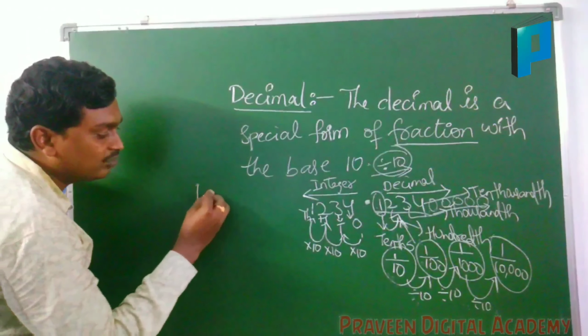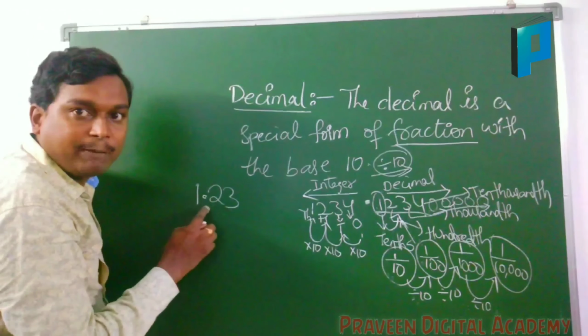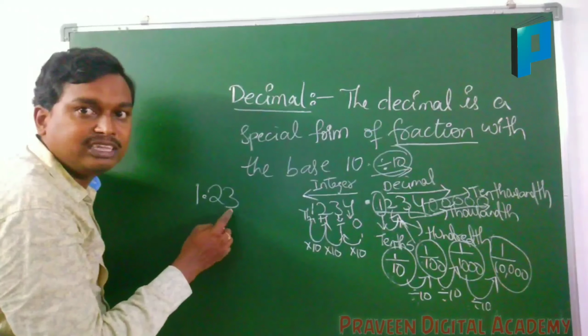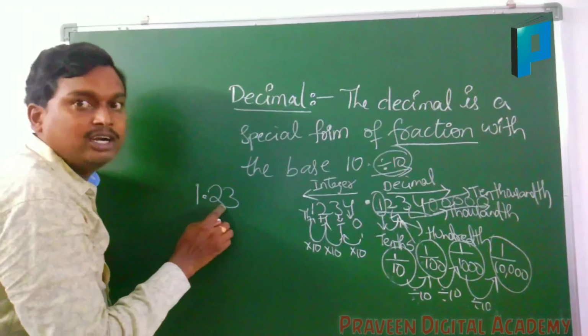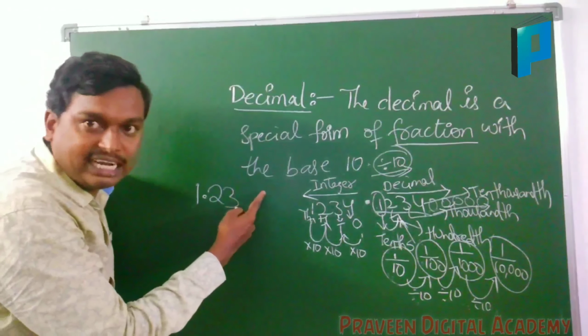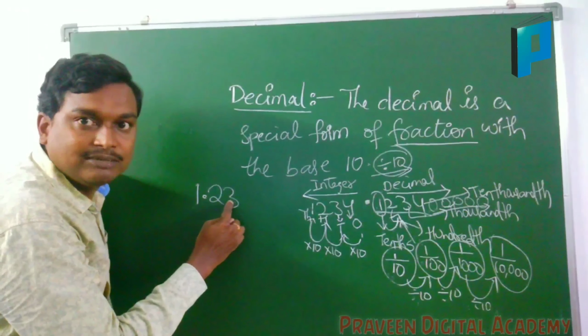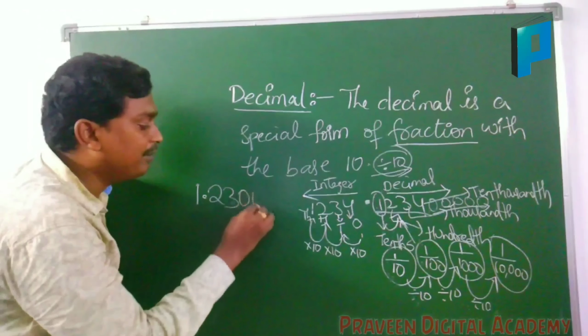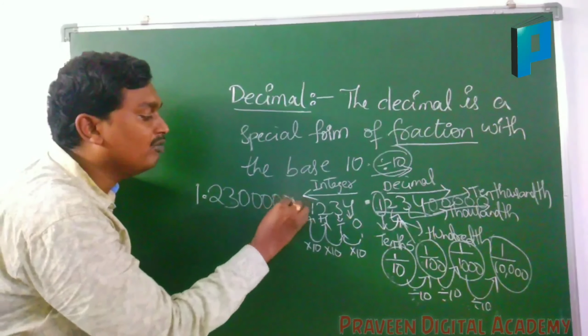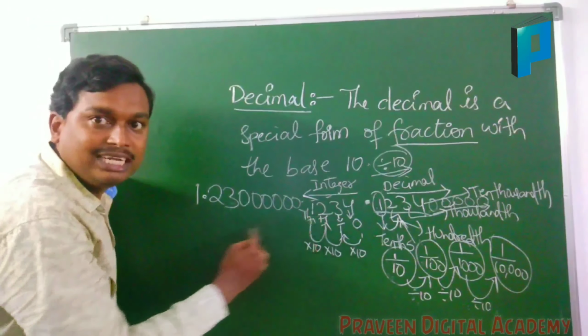If you have 1.23, don't read it as 1.203. If you read it like that, it is wrong. Here, what is the succeeding number? After this 3, you can keep many zeros in the decimals at the end.